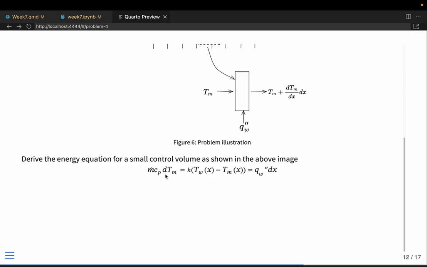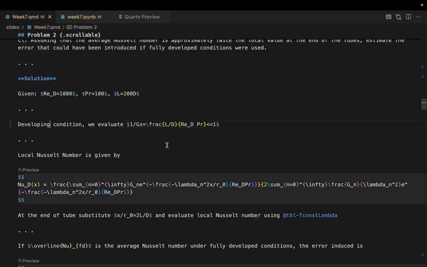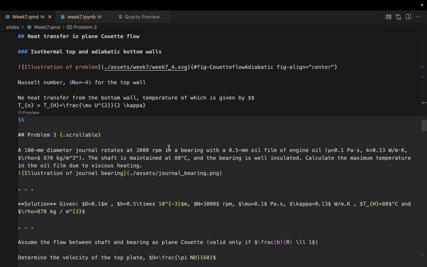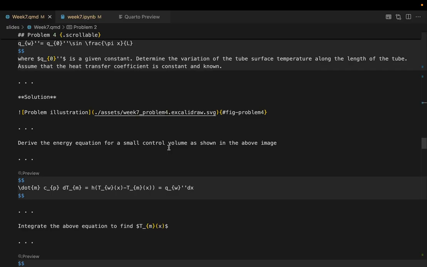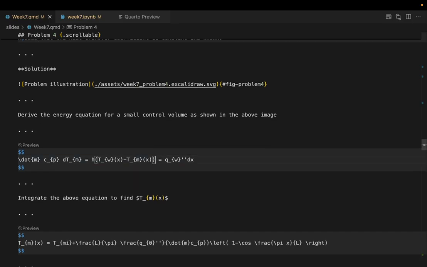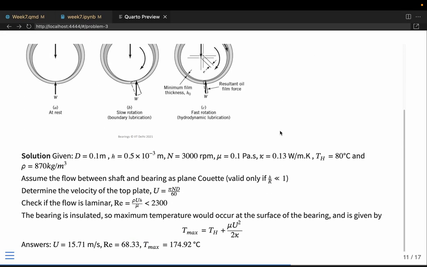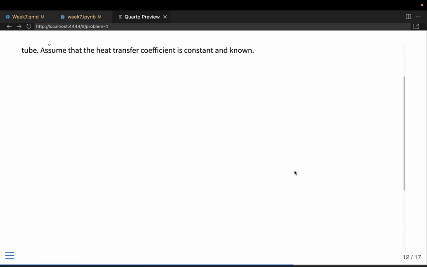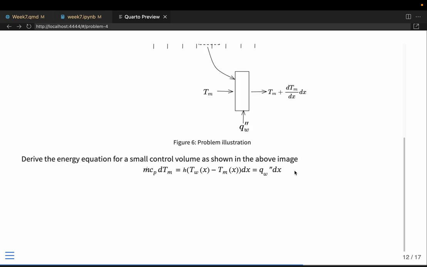So m dot Cp dTm across the control volume is h times (Tw minus Tm) times dx. That should be equal to Qw prime times dx. You can integrate this equation, determine Tm, and once you have Tm, I can compute Tw from this equation, right?